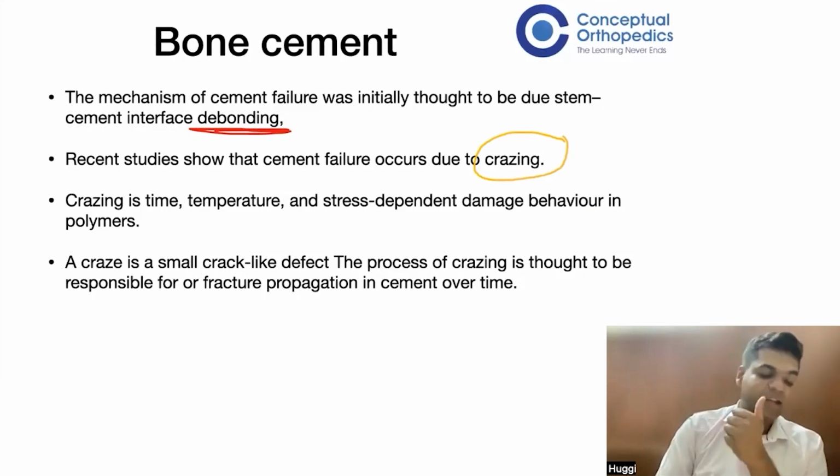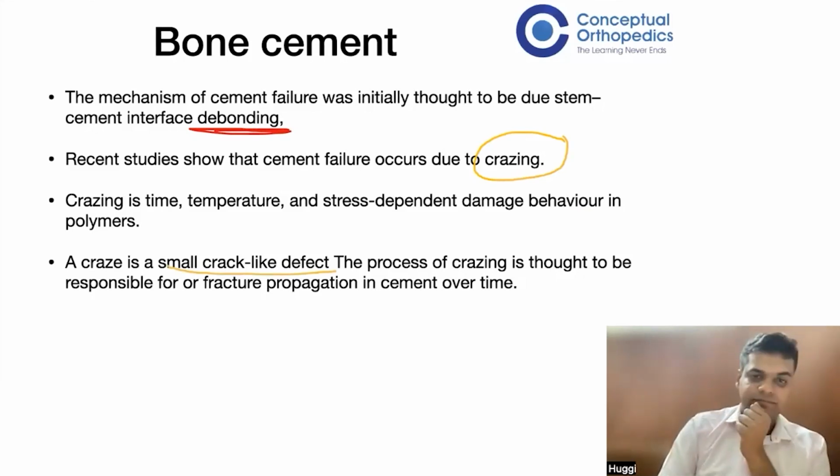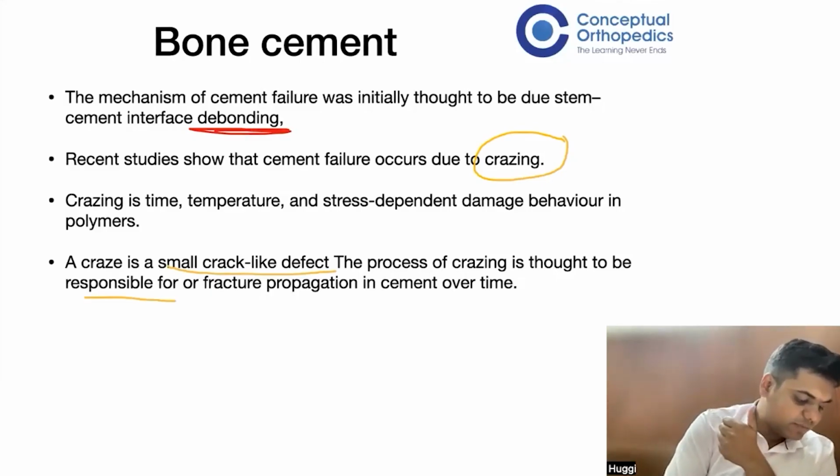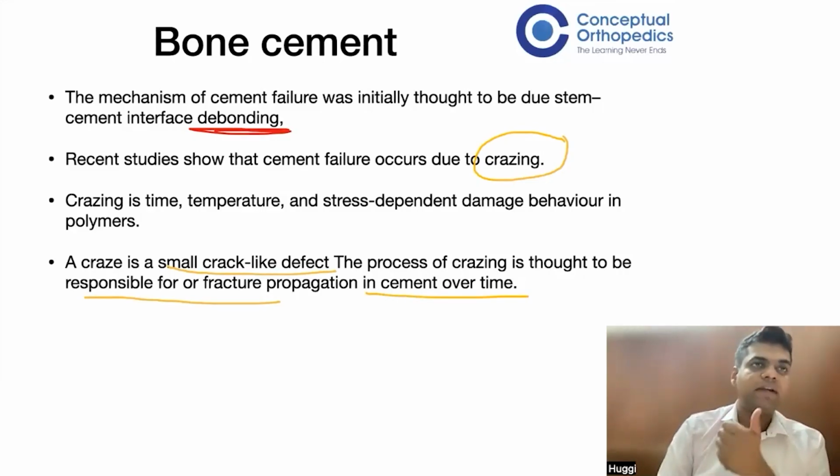What does crazing mean? Crazing is a small crack-like defect which occurs. What does crazing do? Either it is responsible for fracture or it is responsible for fracture propagation of the cement mantle over time.